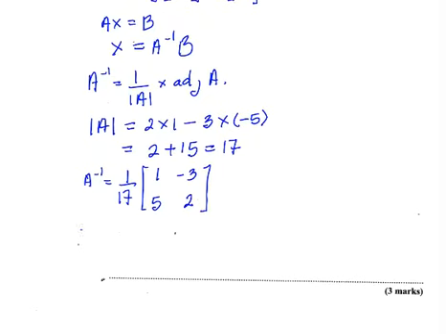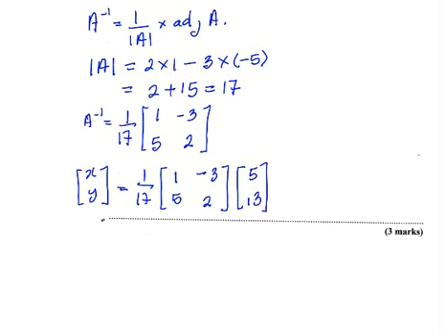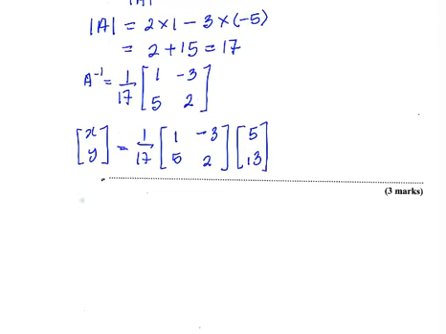So now we can say that X, the matrix [x; y], is equal to A inverse, which is 1 over 17 times [1, 5; -3, 2], times B, which is [5; 13]. Let's use the space down here. Leave the fraction, multiply the matrices.